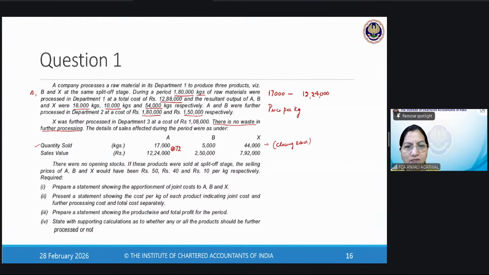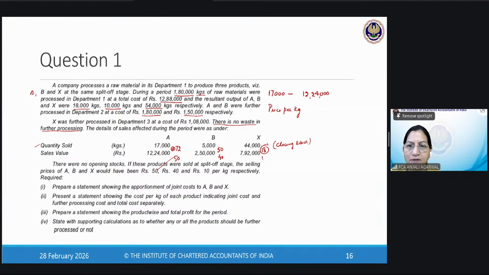So if these products were sold at split off stage, the selling prices would have been 50, 40, and 10. So what we have is 72, 50, and 18. They would have rather been 50. So we are able to sell at 22 rupee more. 40, we are able to sell at 10 rupee more.